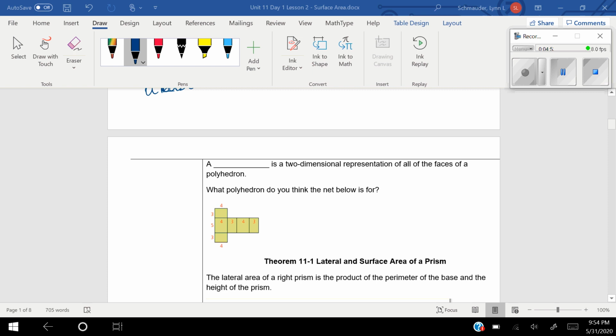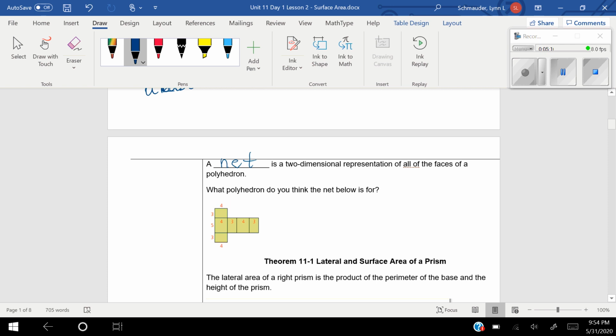So now I'm going to give you another term you may or may not have heard. It's called a net. A net is a two-dimensional representation of all the faces of a polyhedron. So in other words, if you cut the prism or the polyhedron, whatever it is, along some of the seams and spread it out into a two-dimensional figure, it's going to be a net.